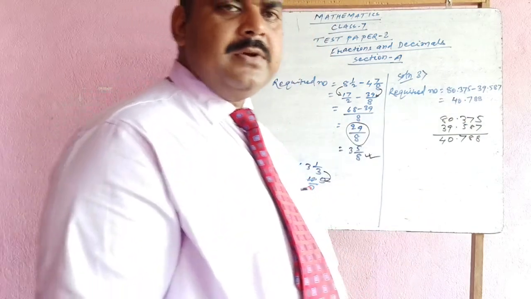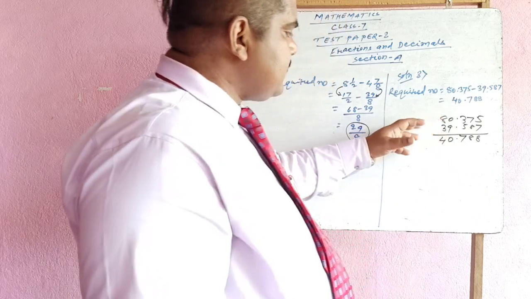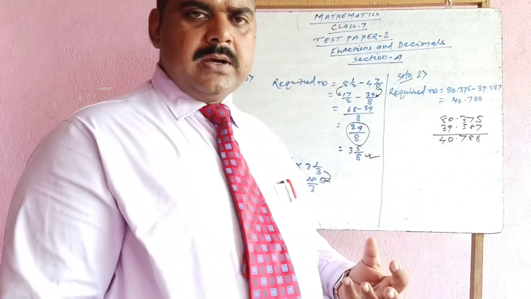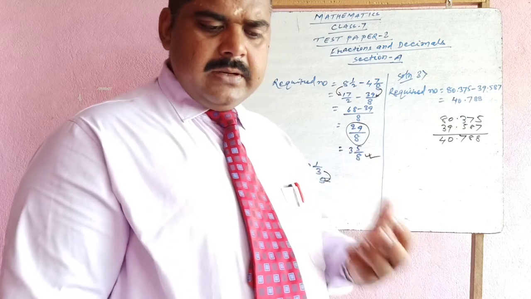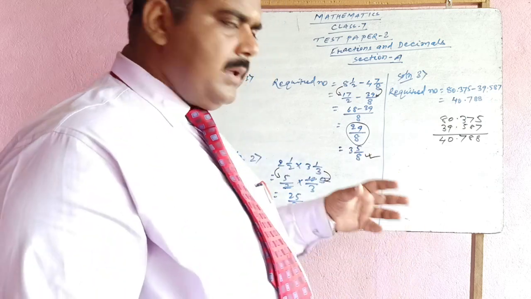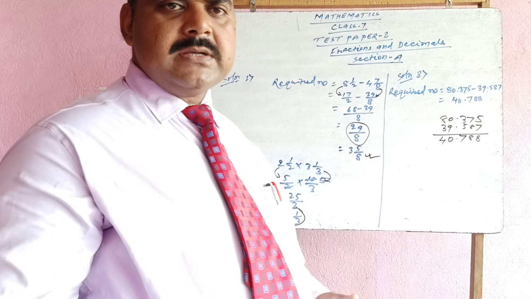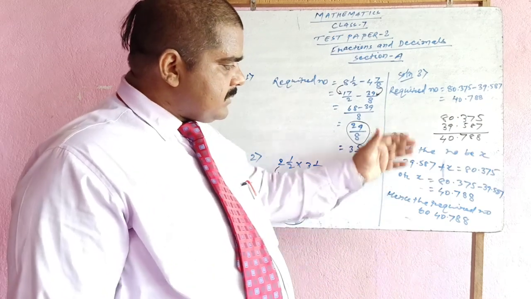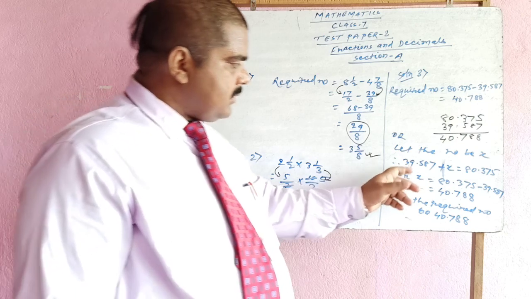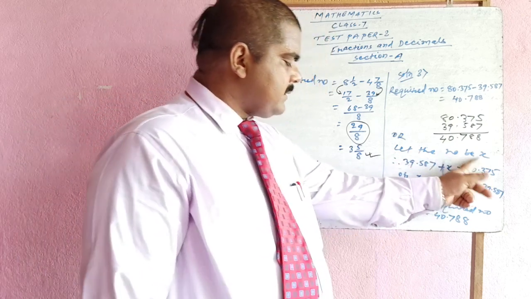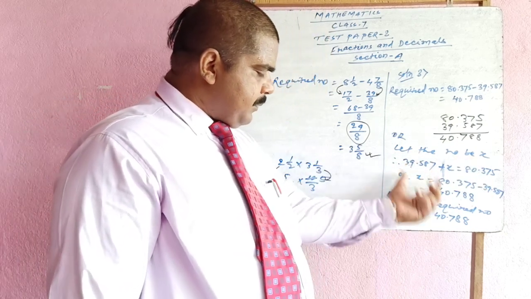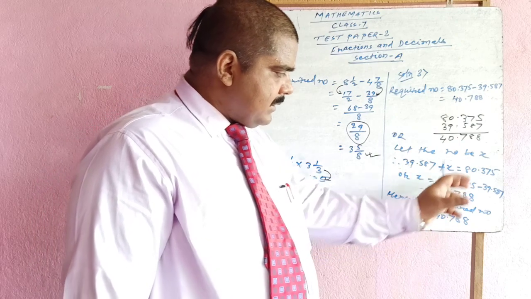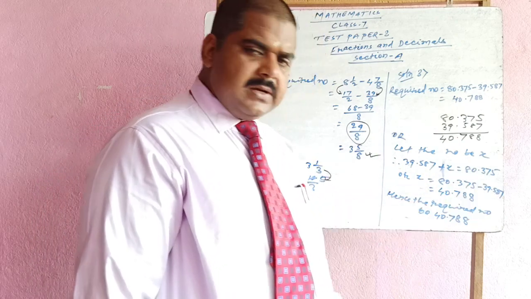Some students can solve it this way: consider the unknown number as x. Let the given number be x. My dear students, this is the second way to solve this question. Let the number be x, and from the question, 39.587 plus x is equal to 80.375.